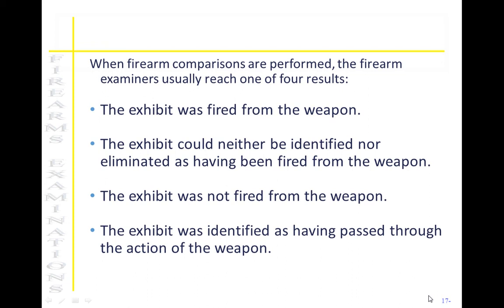In some instances, they might determine that the exhibit could neither be identified nor eliminated as having been fired from the weapon. They can sometimes determine that that exhibit was not fired from the weapon, or they can sometimes determine that the exhibit was identified as having passed through the action of the weapon.